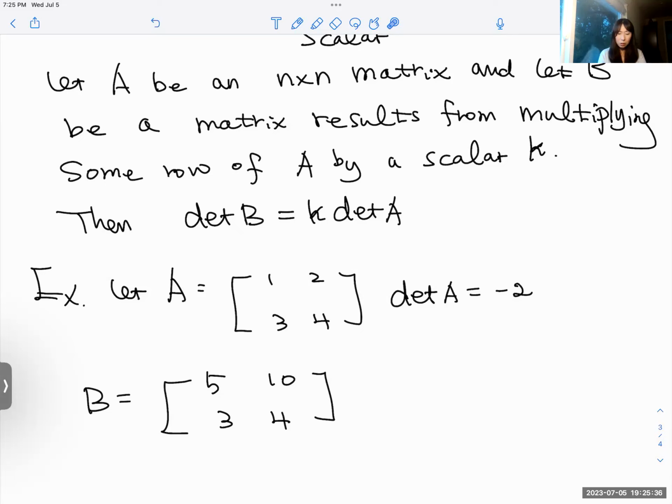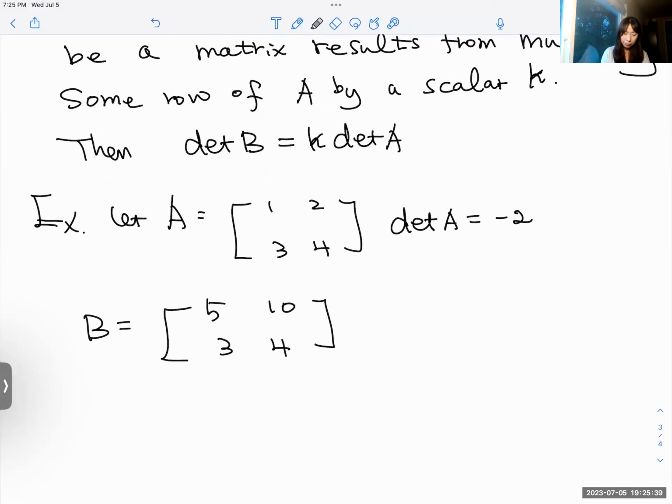So the determinant of B is K times the determinant of A. So what's the K in this case? It's 5, for the first row, to get 5 and 10.